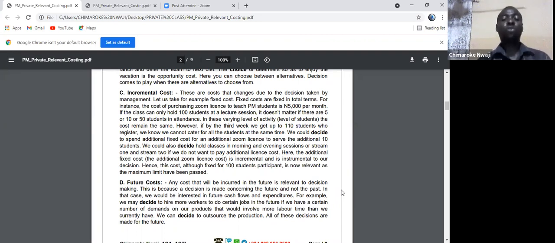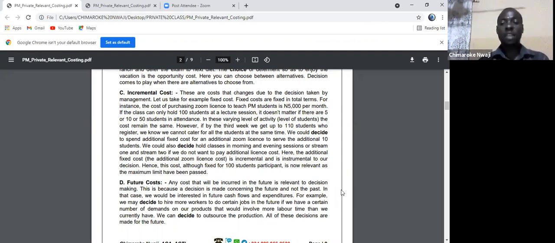You now have to choose between increasing. In fact, when you eventually choose to increase, you pay the additional cost. That additional cost from the original is what we call incremental.